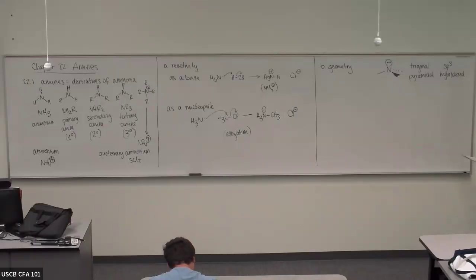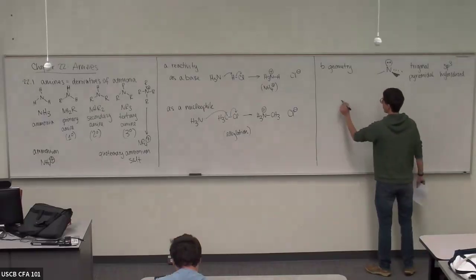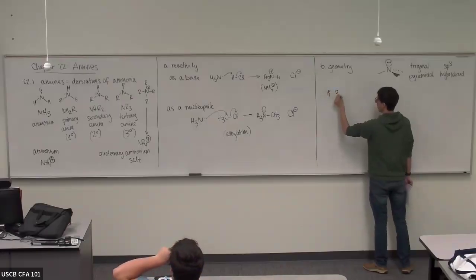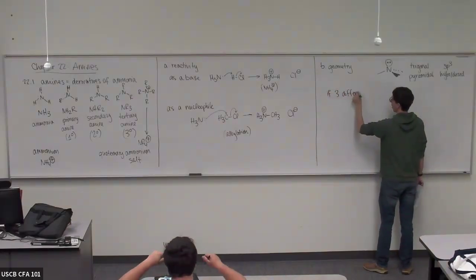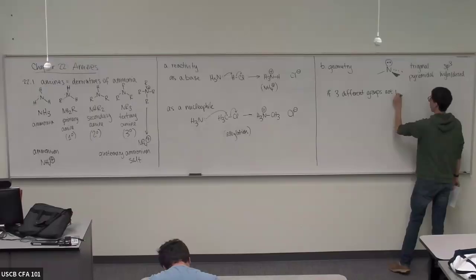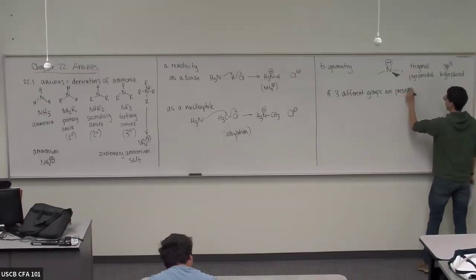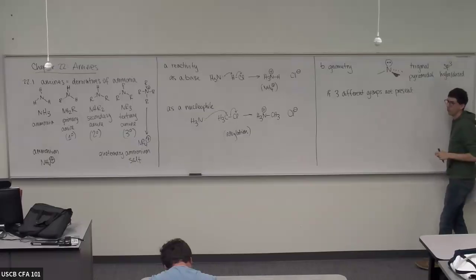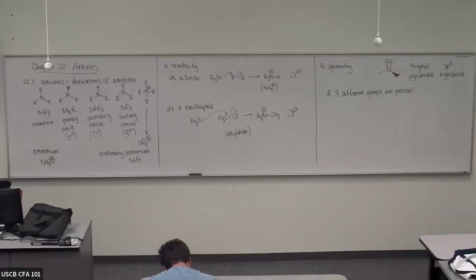So when we have an sp3 hybridized carbon and all of the groups are different on the carbon atom, we call that chiral. So the same kind of goes for nitrogen atoms. If we have these three groups all different, and you could say in the same way that carbon has to have four different groups, well, the lone pair is sort of a group, if you will.